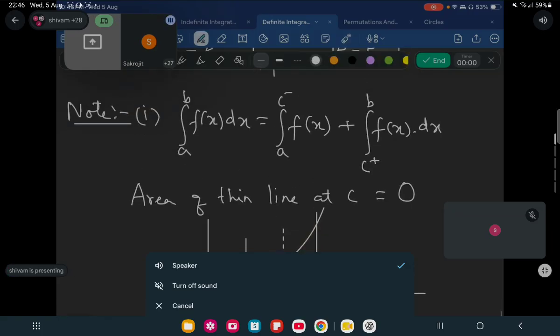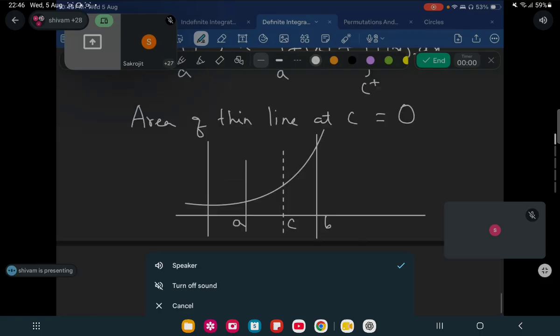So at c it is discontinuous. Over here it looks like a continuous function. The problem starts arising when f of c minus is not equal to f of c plus. In such cases, you cannot take the area continuously.